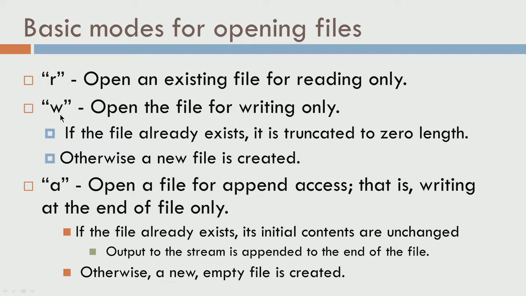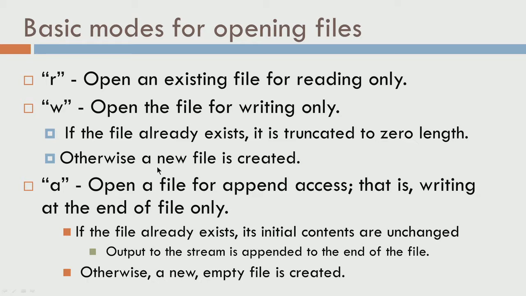For w, you are trying to write to a file, you are not going to read it from there, at least in this program as of now. So, if the file already exists, and since you are only writing, the previous contents of the file do not matter, you can as well remove all the contents and start with 0 length. Since you are only writing from the current program, if you by mistake open an existing file, the previous contents will all be deleted. But normally you would expect your program to create a new file.